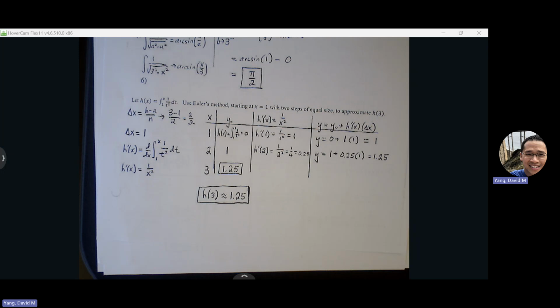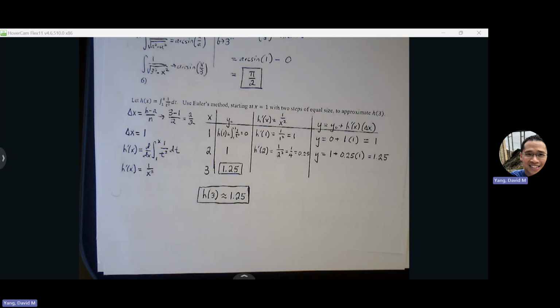But you're right, if we want to find the exact value, we can just plug 3 in and get a much better answer. So can I check my answer with that, or would it be kind of off? It's going to be different because this is an approximation versus an exact value. The more steps, or the more time you do it, the closer your approximation will be. That's right.